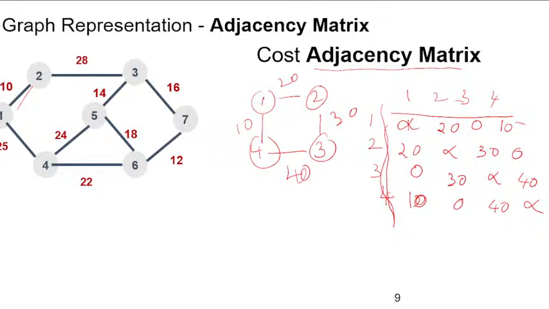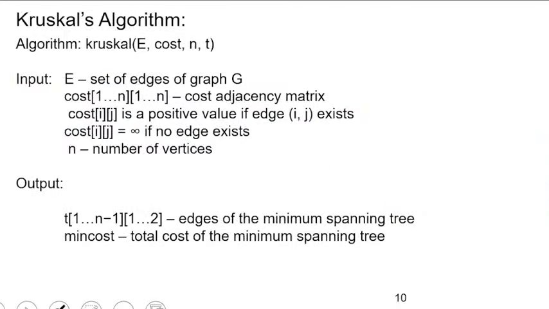When you write a program or an algorithm, you have to read all this data and find the solution. The next one is the Kruskal algorithm. In the Kruskal algorithm, we take the number of edges, the cost matrix of the edges, n the number of vertices, and t the final edges of the minimum spanning tree.